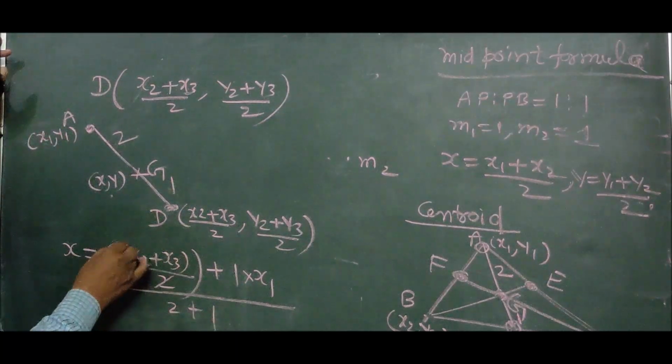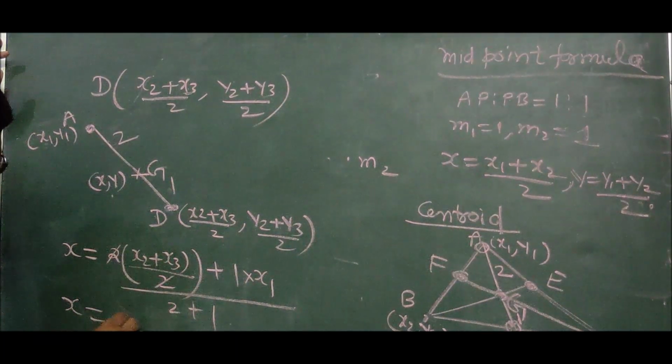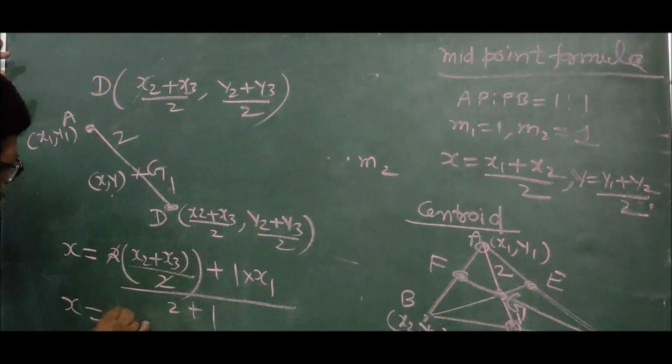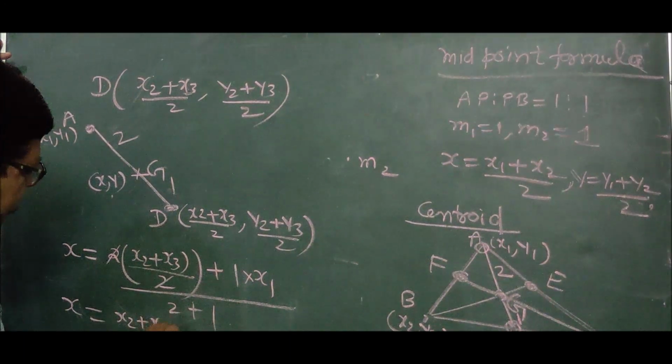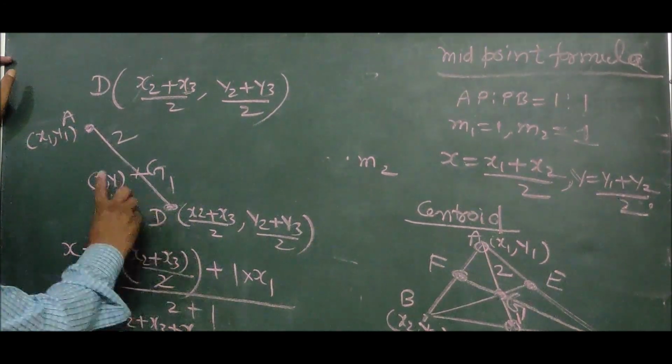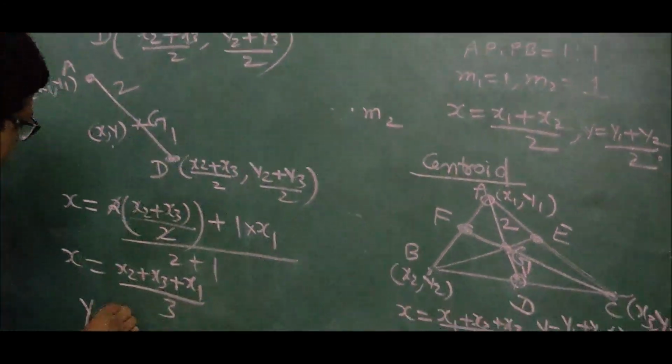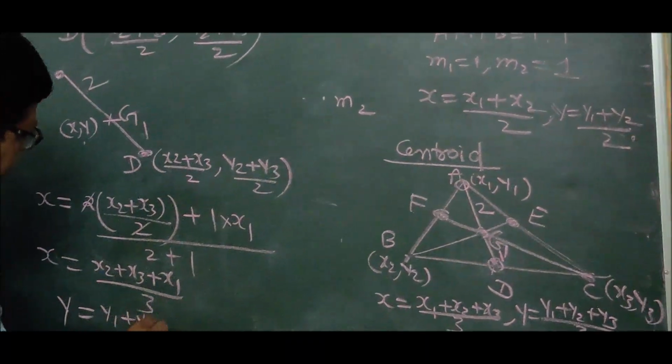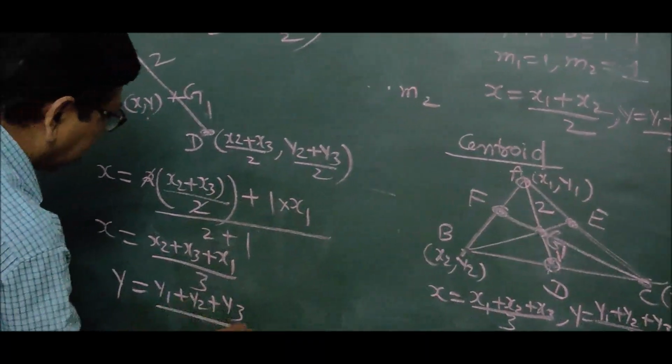This 2 and 2 is cancelled, so we get x is equal to x2 plus x3 plus x1 upon 3, or we can rearrange the terms, and in the same way we can find the y coordinate is equal to y1 plus y2 plus y3 upon 3.